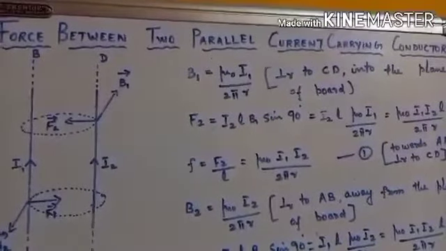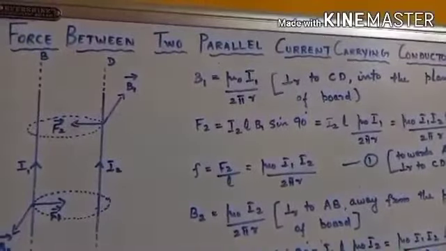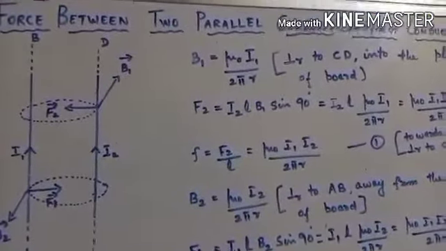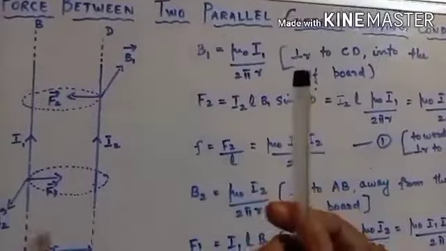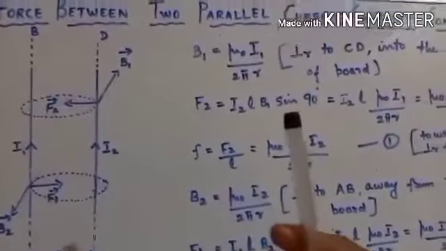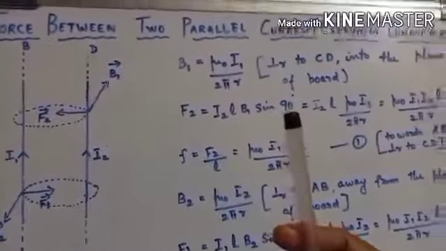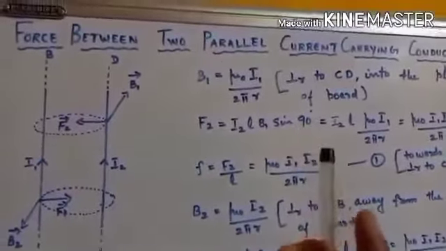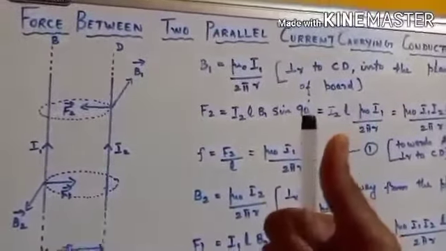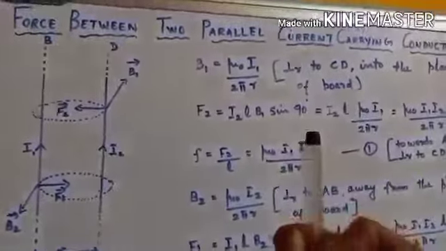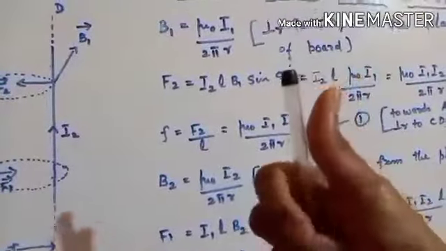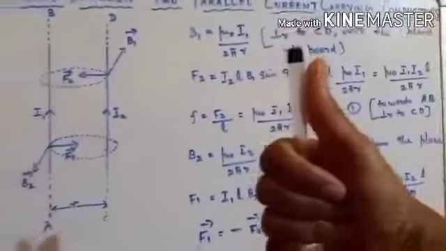So here, the first conductor AB has current I1 flowing through it. To find the direction at every point, we use the rule you have studied earlier. You hold the conductor in the right hand with the thumb representing the direction of current. The current is flowing upwards, so I hold the conductor with the thumb pointing in the direction of current.